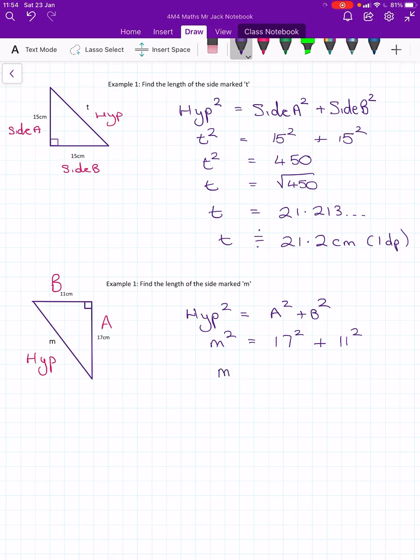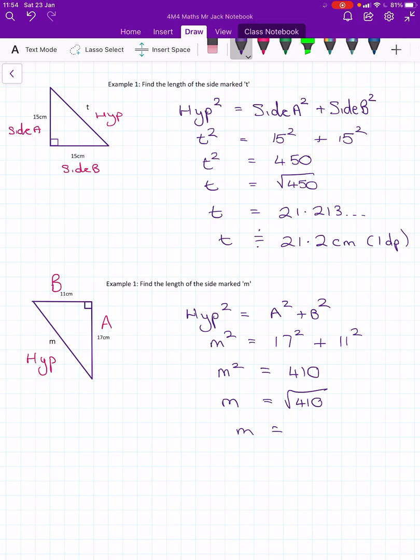So M squared... Again, let your calculator do the work for you. 17 squared plus 11 squared is 410. Take the square root of both sides. The square root of 410. Again, let the calculator do the work.